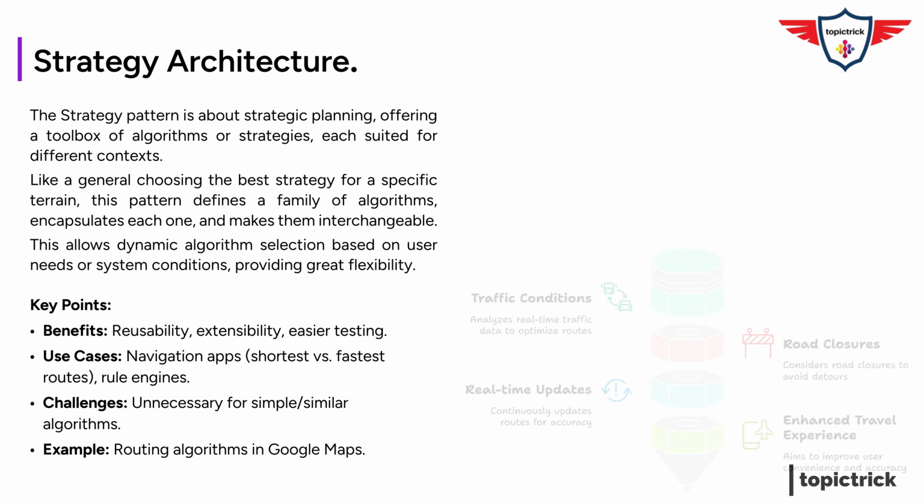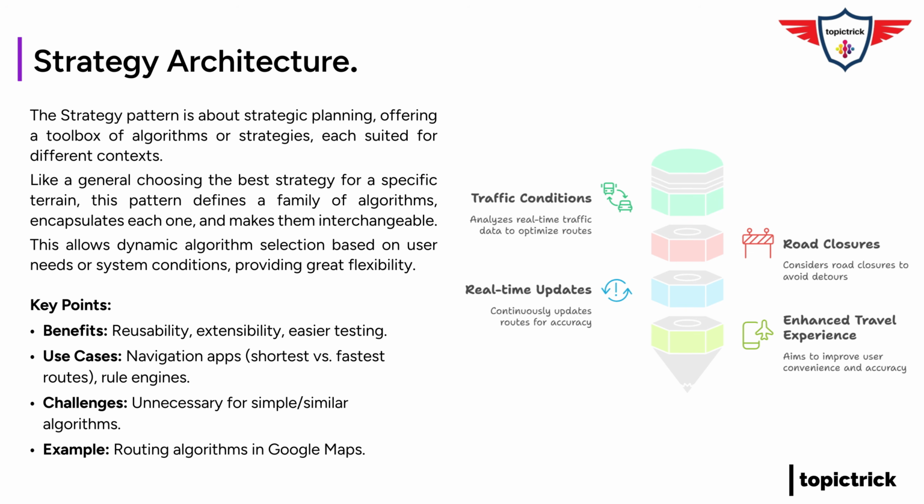You might have different routing algorithms, one for the shortest distance, one for the fastest travel time, and one for avoiding tolls. Using the strategy pattern, you can dynamically choose the most appropriate algorithm based on what the user wants. So it's about offering options and letting the user or the system choose the best approach.